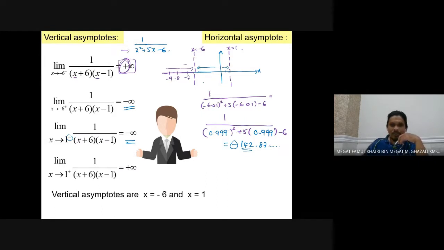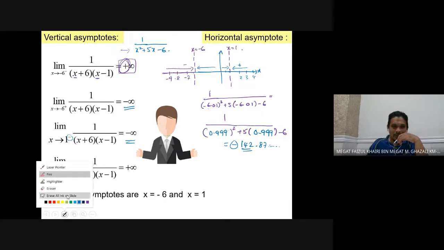And when x approaches 1 from the right side, so from 4, 3, 2, and in between 2 and 1, we get 1.5, 1.2, 1.1, 1.01, 1.001.